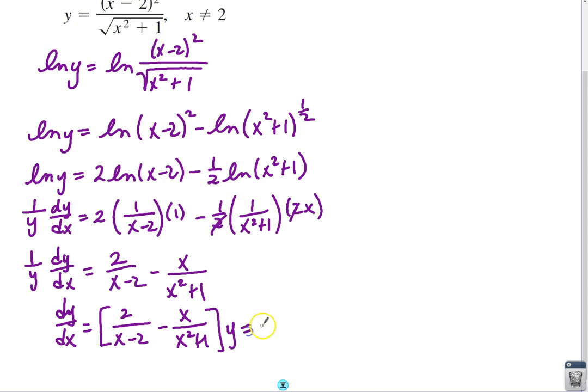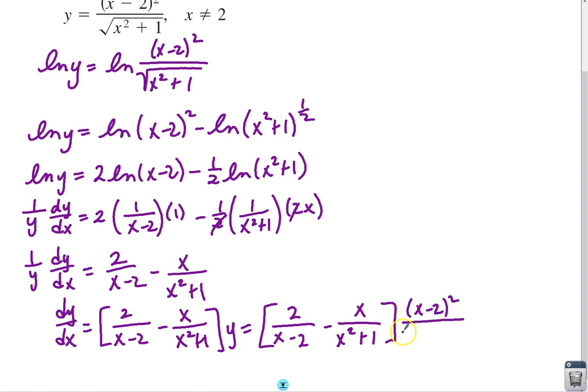So then dy dx is going to be (2 over (x minus 2) minus x over (x squared plus 1)) times my original y, (x minus 2) squared over the square root of x squared plus 1. Ta-da!